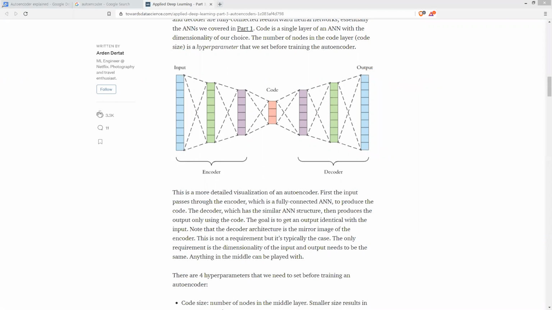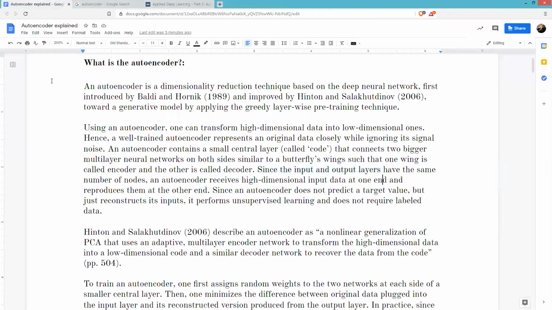They stay the same. Therefore, autoencoders receive the high dimensional input data at one end and reproduce them at the other end.